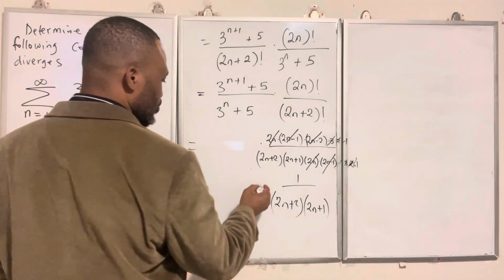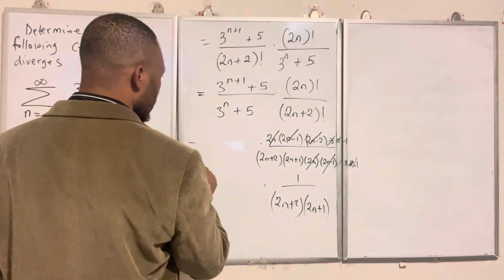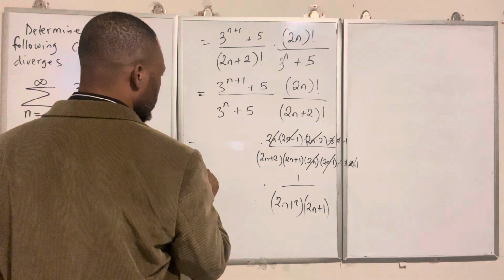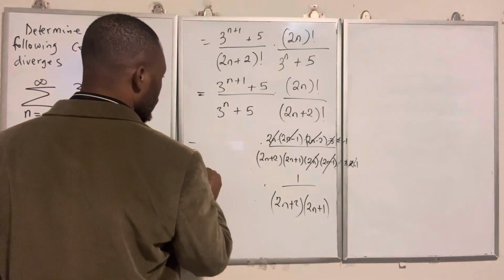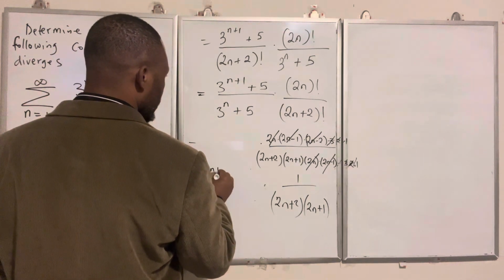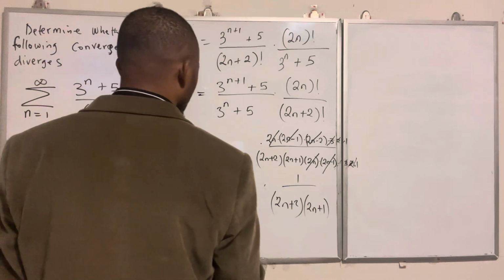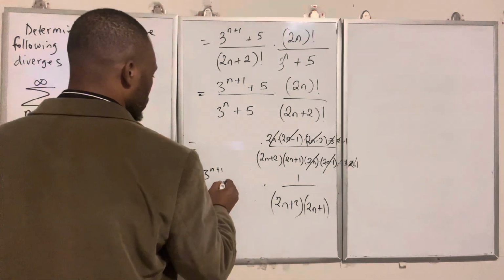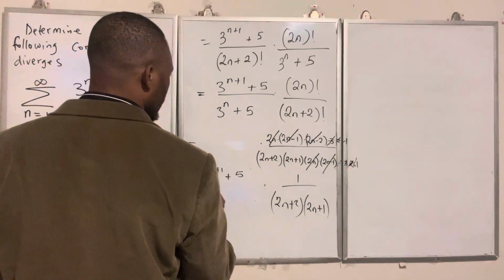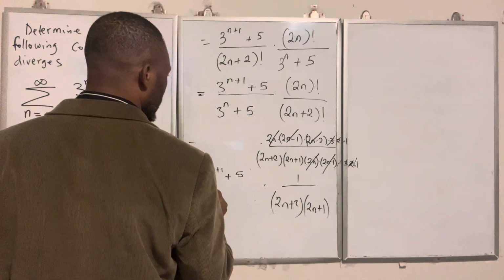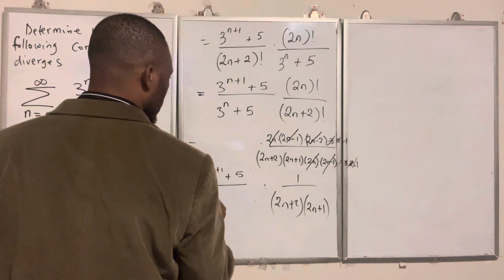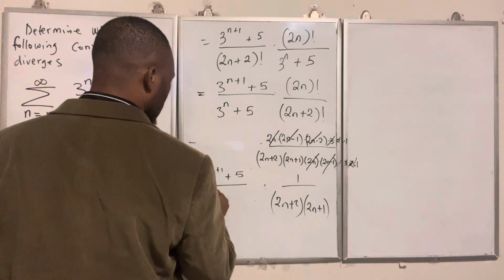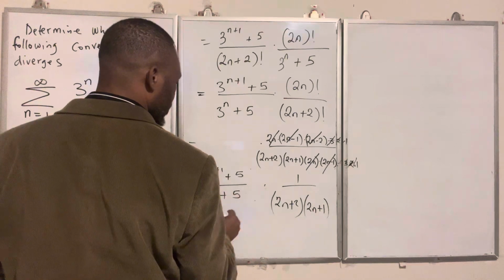Let's bring down the 3 raised to n plus 1 plus 5 over 3 raised to n plus 5.